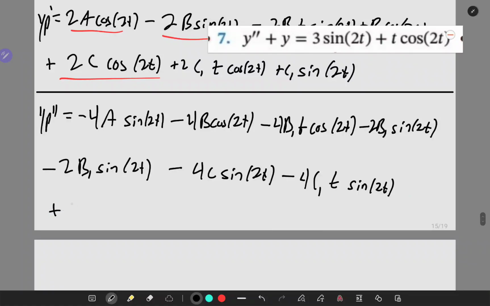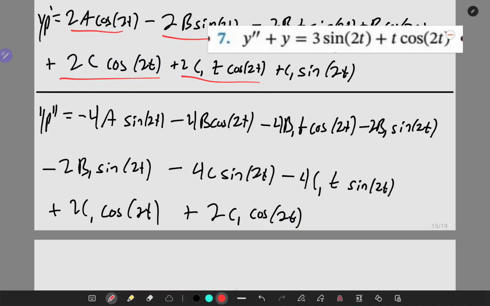Plus 2c1 cosine of 2t. Yep, I agree. And then we have plus 2c1 cosine of 2t. And that's done.